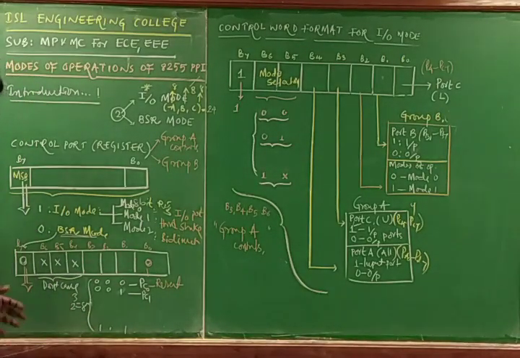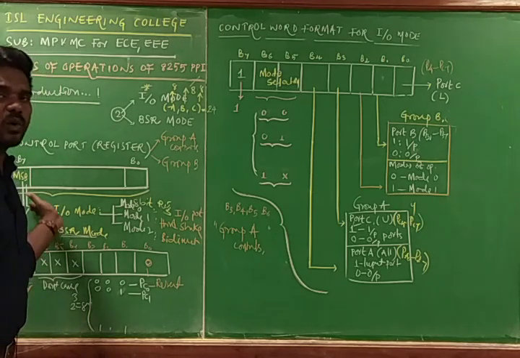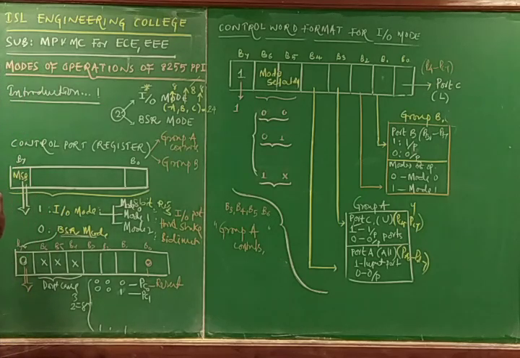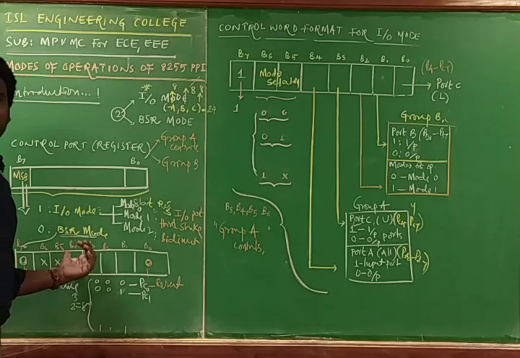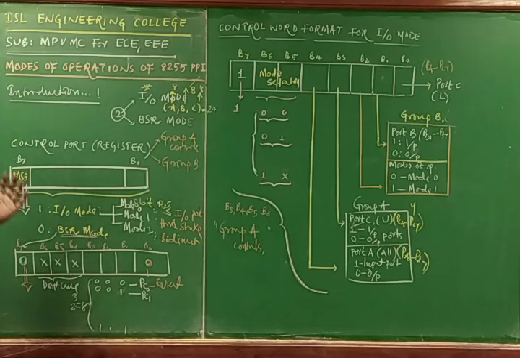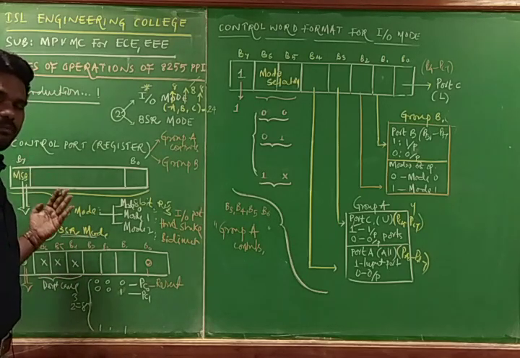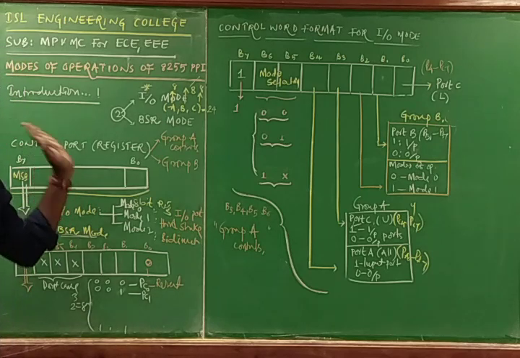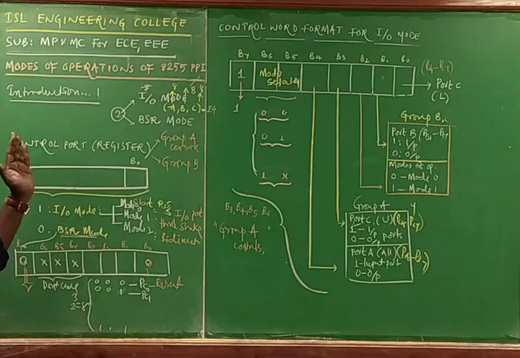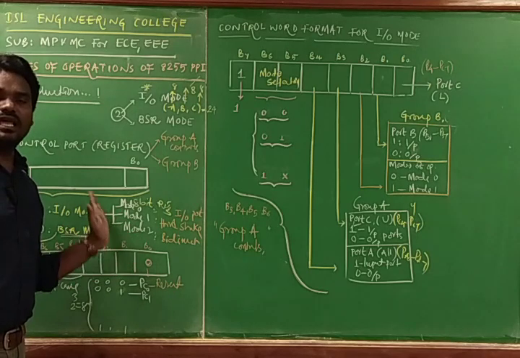Likewise, we have the control word format for the BSR mode of operation. The MSB bit defines the mode of operation. If this is 0, the 8255 PPI is programmed to operate in the BSR mode. The next 3 bits, B6, B5, B4, are don't care bits, so whatever their values, it doesn't affect the functionality in the BSR mode.